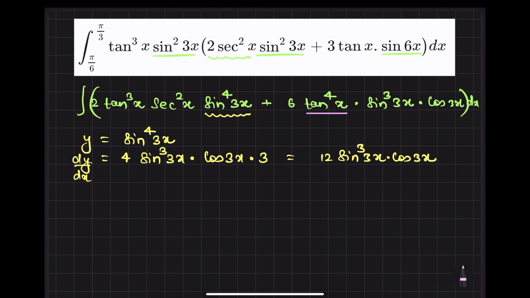If you will observe this thing is having maximum power, so I will take that thing as z. So tan power 4x as z. Now do the differentiation. So dz by dx equals 4 times tan cube x. Differentiation of tan x is what? Sec square x. Correct or wrong?